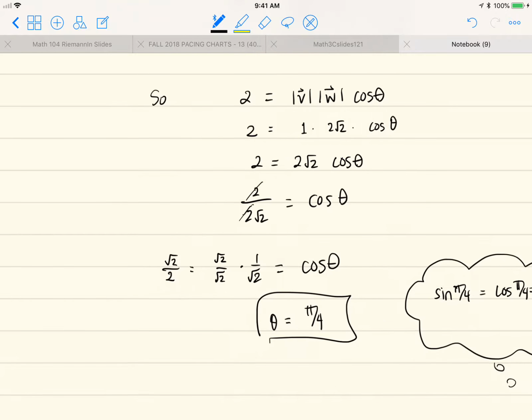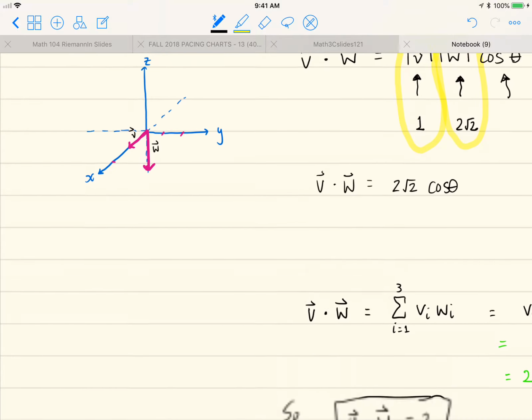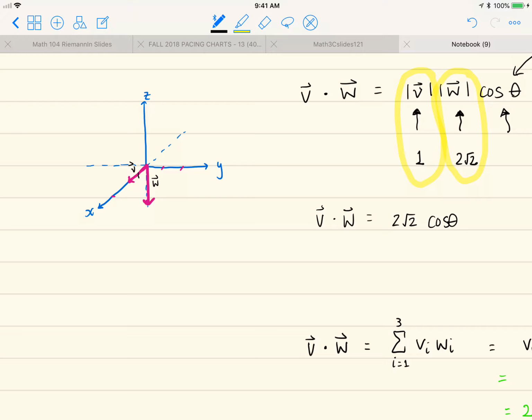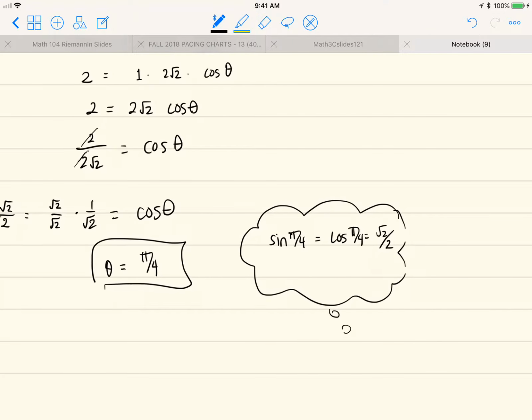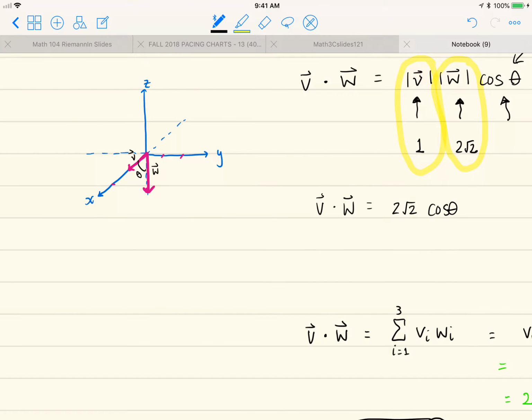So we're saying the angle in between these two vectors is 45 degrees, or pi over 4. Now here's something I want to show you. This makes sense because imagine that we draw these vectors a little differently.